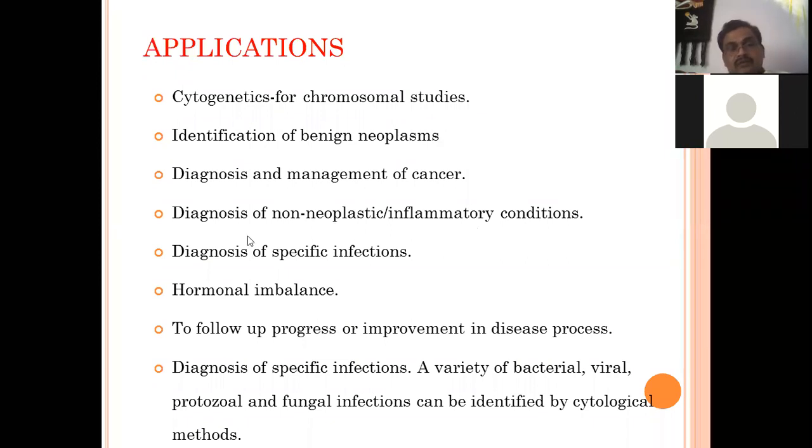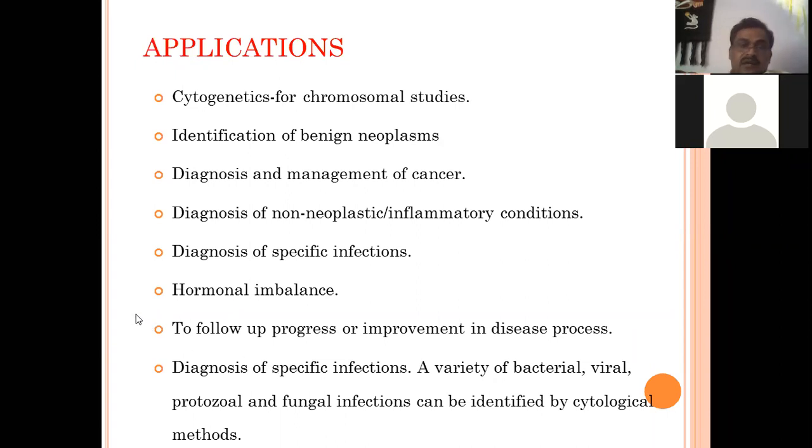Diagnosis therefore should be made whether it is inflammatory or non-neoplastic. It also helps in diagnosis of specific infections like bacterial, fungal, and certain hormonal imbalance. It also helps to follow up the disease progress, and the improvement in the disease process during treatment.